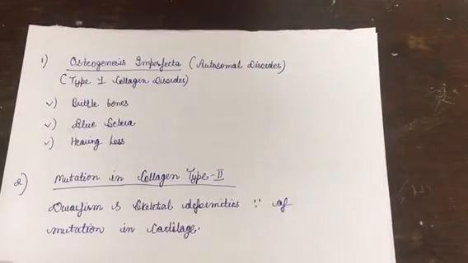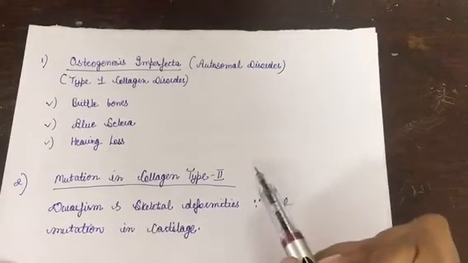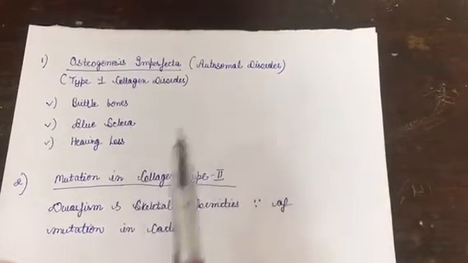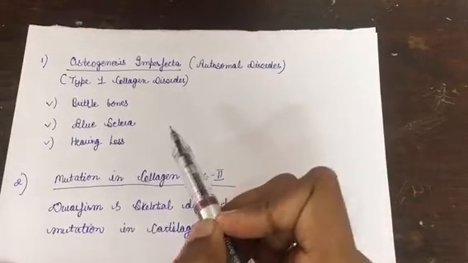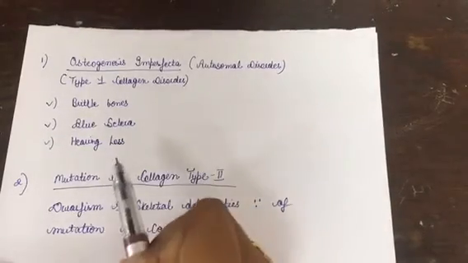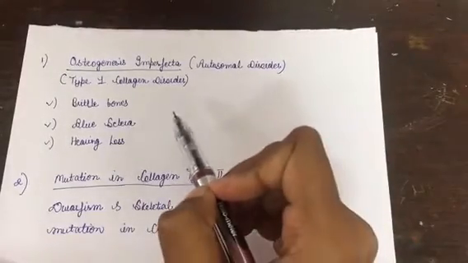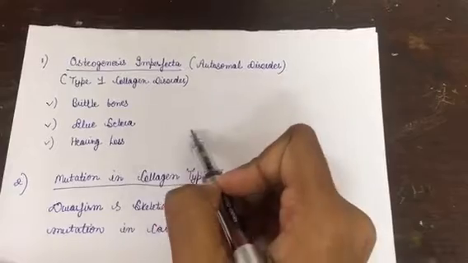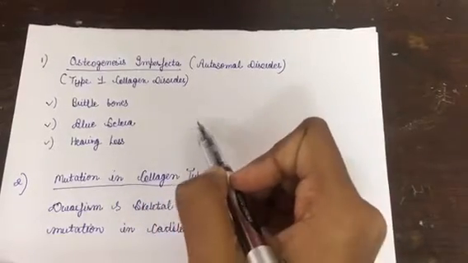So collagen is the single most abundant protein in the human body, and the fundamental unit of collagen is tropocollagen. It is a triple stranded helical structure, and this is not the alpha helix. The amino acid sequence in the alpha chain is glycine X Y, where X is proline and Y is hydroxyproline or hydroxylysine.